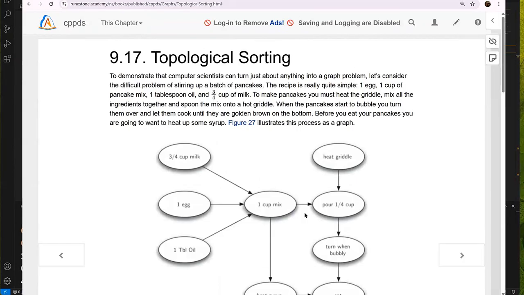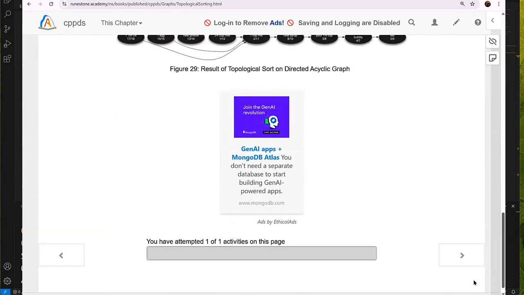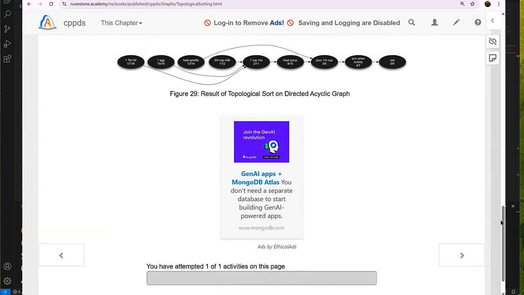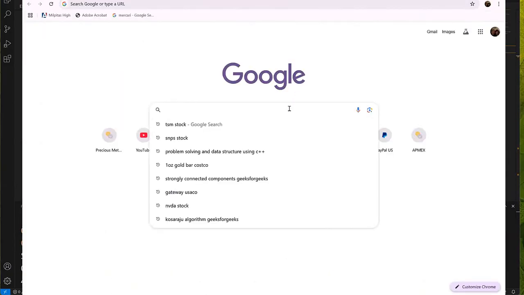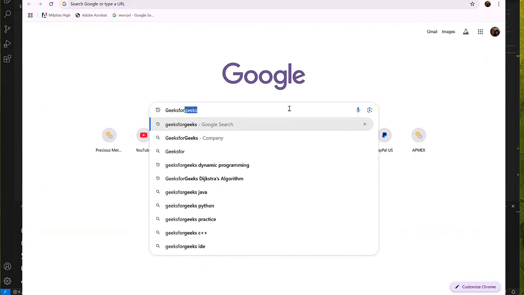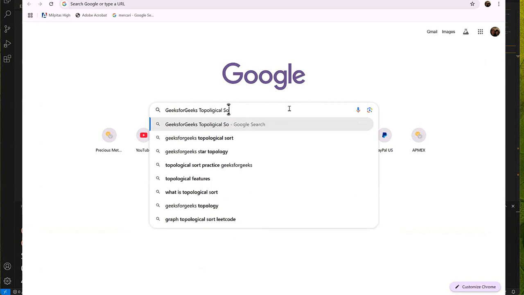Topological sorting is also another important graph analysis problem. Again, this one is only one segment and no coding, so this is no good. We don't like this one. So let's also do X for X, and T for sort.